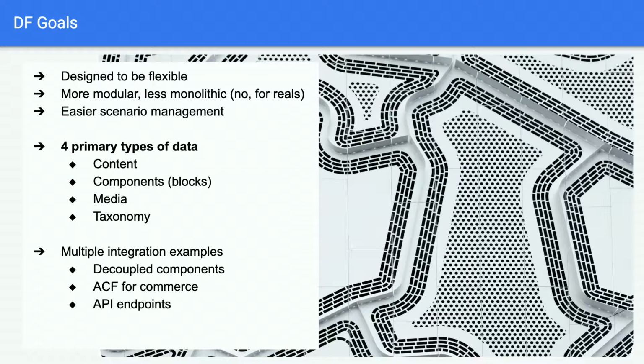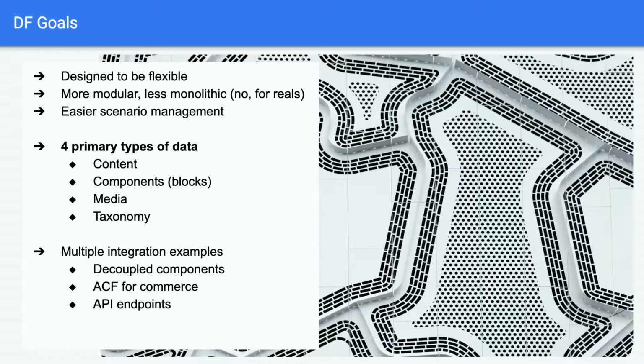A couple of things that came out of that were very interesting. The first is that through that week of talking, I noticed there were 4 primary types of data that we kept coming back to: content, components, media, and taxonomy. Components, of course, being blocks, but trying to speak in ways that our customers might understand. We kept coming back to this over and over again.